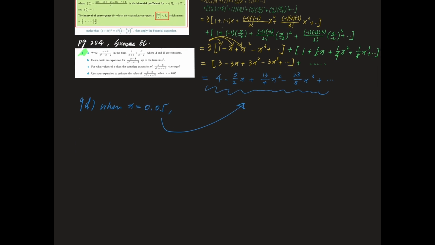Then what we should have is 4 minus 5 on 2 times 0.05 plus 13 over 4, 0.05 to the power of 2, and then minus 23 over 8, 0.05 to the power of 3, and so on.